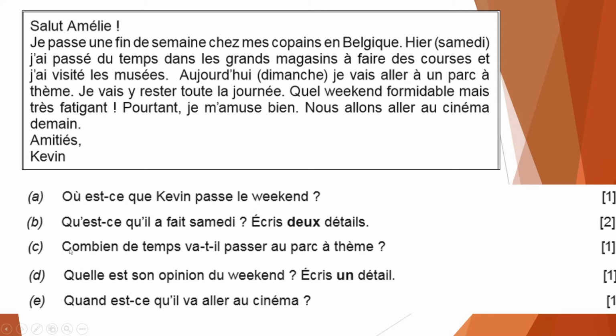So maybe you've started to work out what it means based on some of the details that are there. But you're either going to have to, in an exam, if you don't know what the question word means, pull out something that could fit it. So I could either think, right, it's asking me when is he going to be at the theme park, so put aujourd'hui au dimanche.